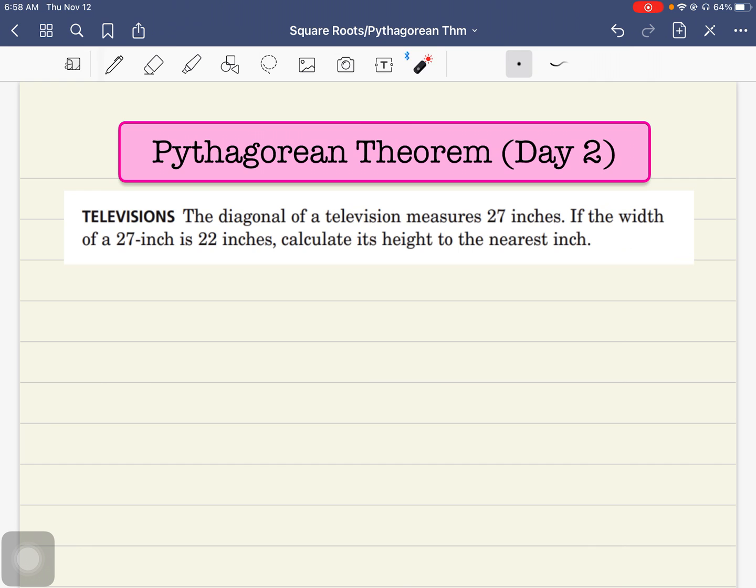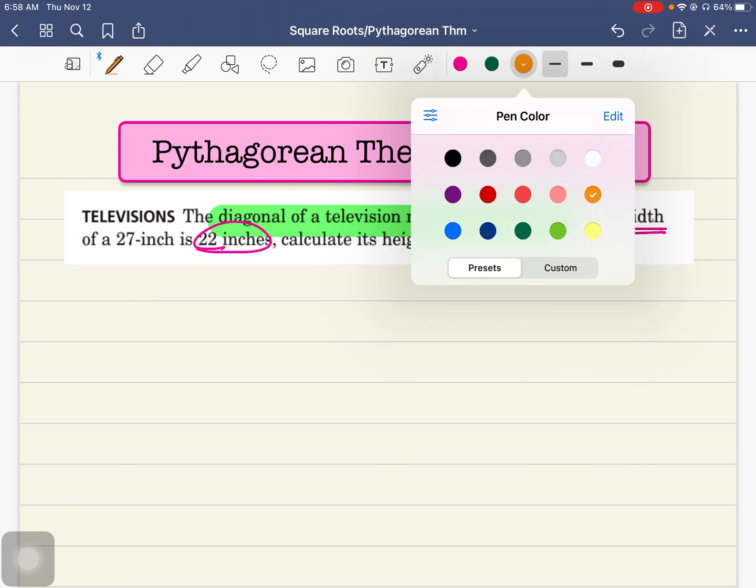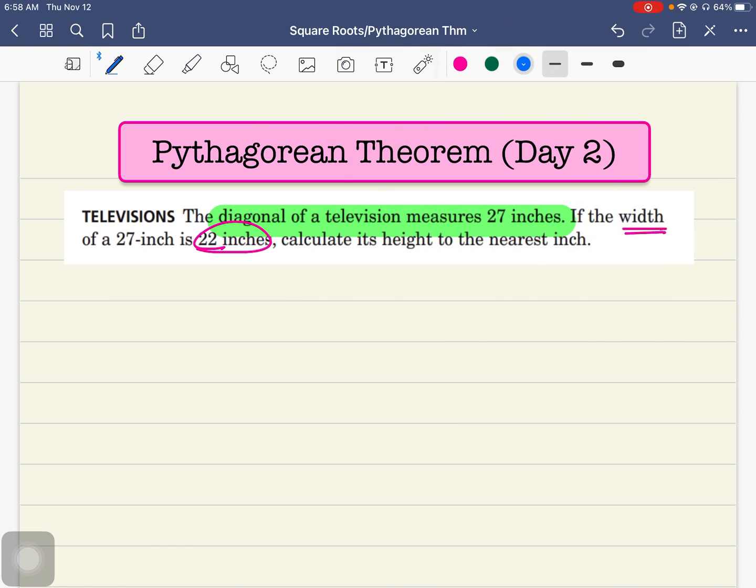All right, so we know the diagonal is 27. Just so you know, in televisions, that's how they measure how big it is. So when they say a 27-inch, they're talking about that diagonal. We do know that the width is 22 inches, and they want us to find its height.